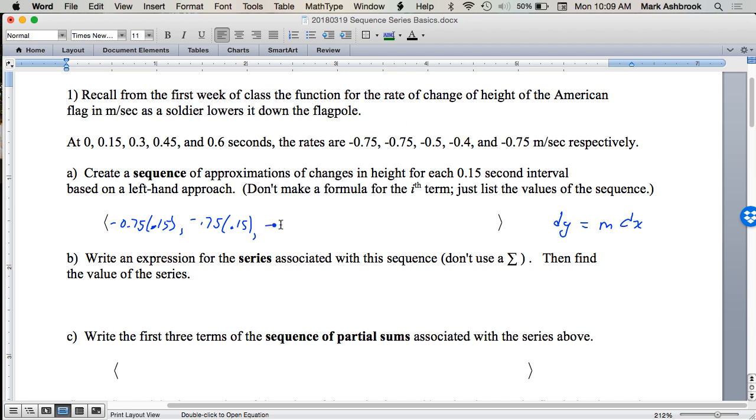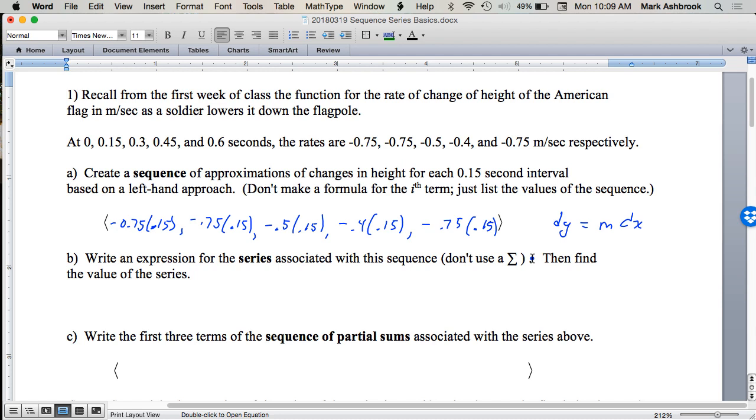So it'd be negative 0.5 times 0.15. Then negative 0.4 times 0.15. And then back to negative 0.75 times 0.15. So each change is calculated by m dx, and dx is just 0.15 every time. Hopefully high success on this.